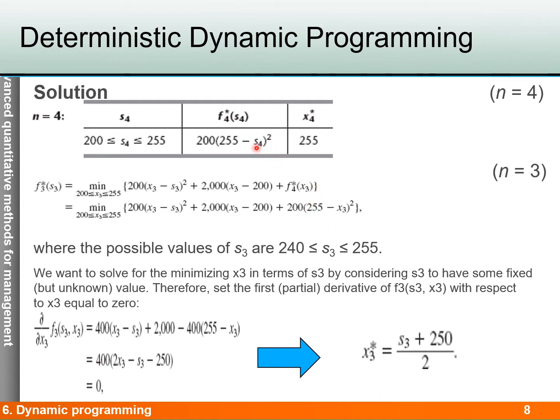This one is exactly this one, okay? For sure, this S2 can be written as X2, as we'll see. So, as we know in this step, if we refer back to the table of the previous slide, the possible values of S3 are 240 and 255.